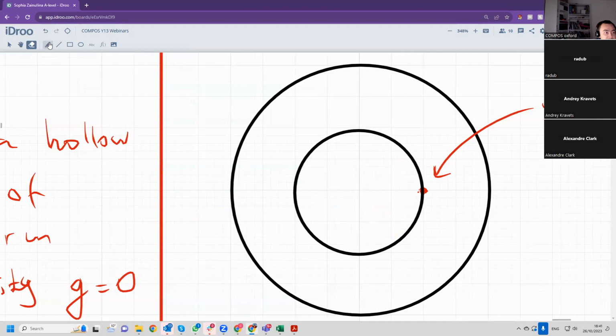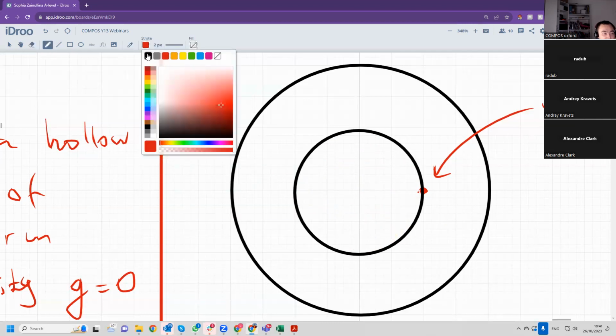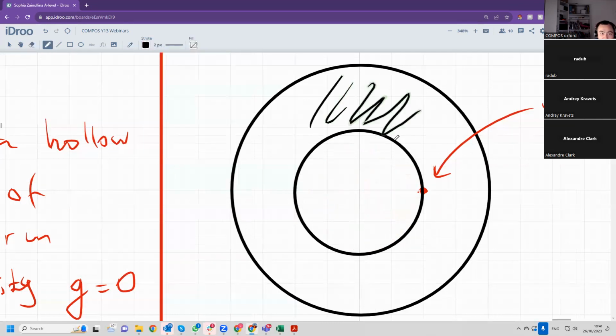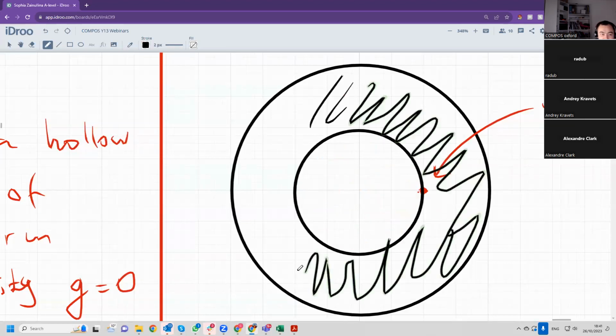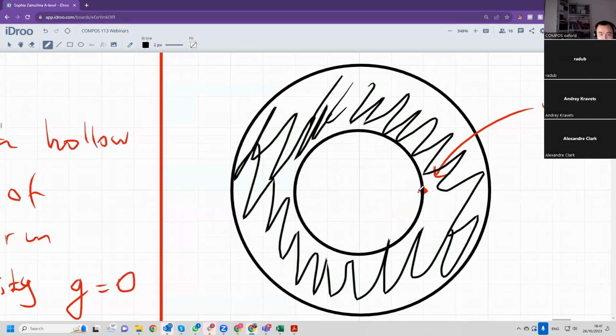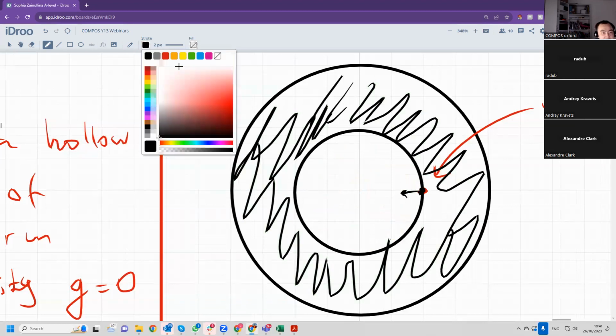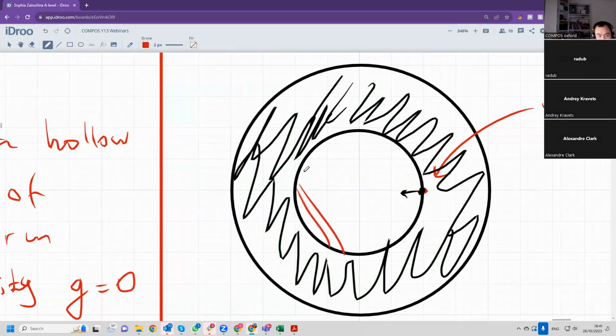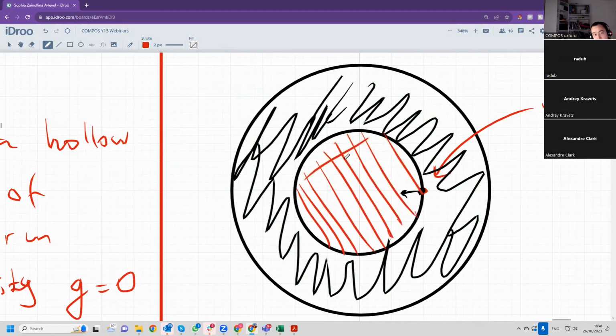This is my hollow shell, and you're right at the edge of it. The only thing attracting you towards the center of the planet is this middle part.